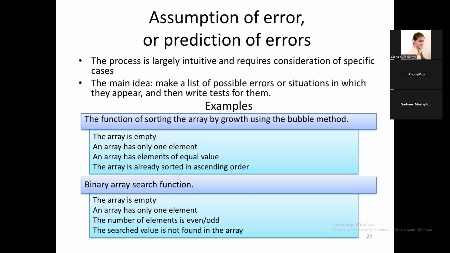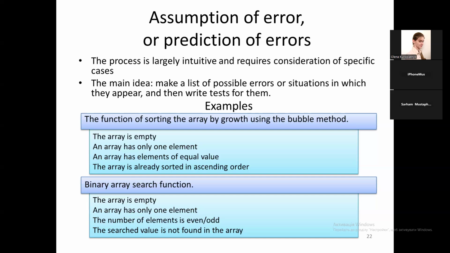The first, the array is empty. We know that in the bubble sort method, some elements change their position, but I don't know how it will be done if there are no elements. For this reason, the empty array is in this list of situations.